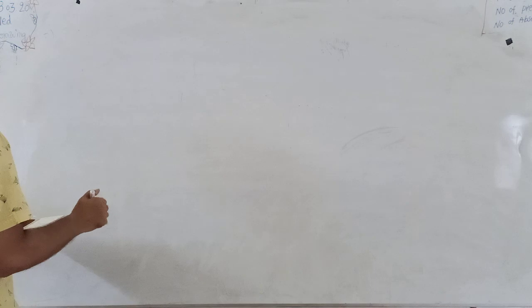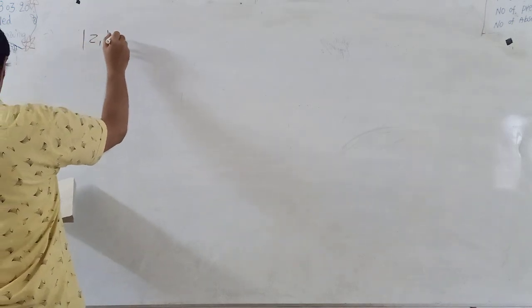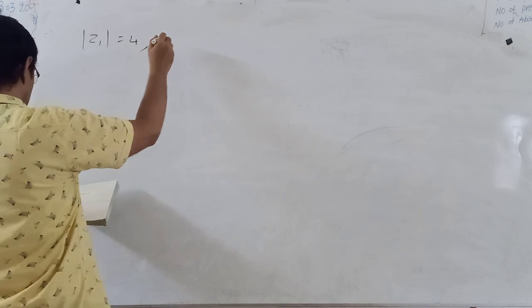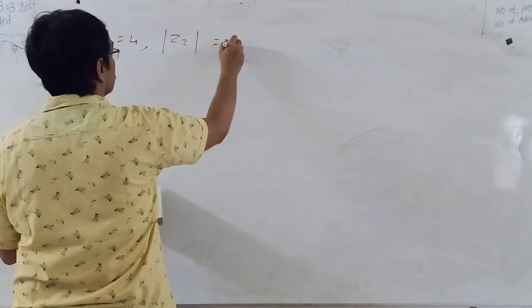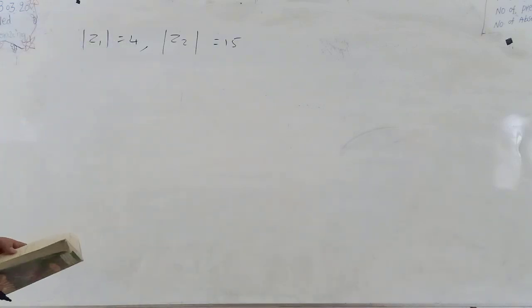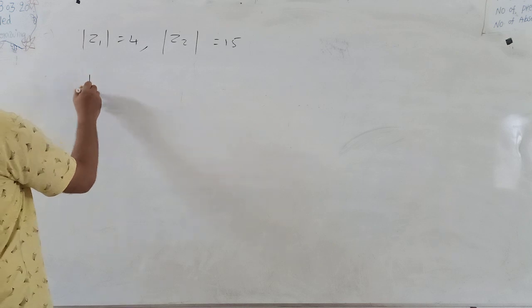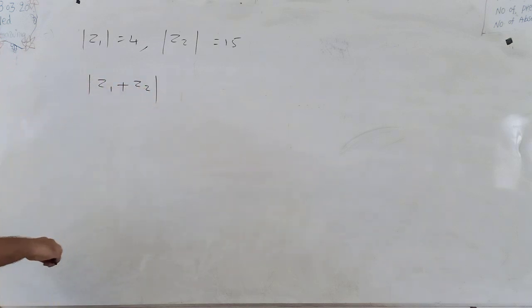Seventh one: if mod z1 equals 4, mod z2 equals 15, then find the difference between the greatest and the least values of modulus of z1 plus z2. It is a type problem.